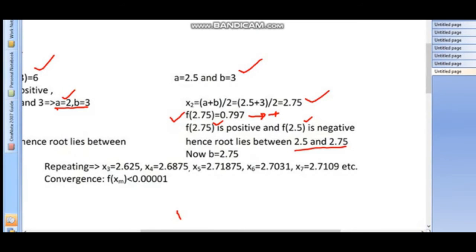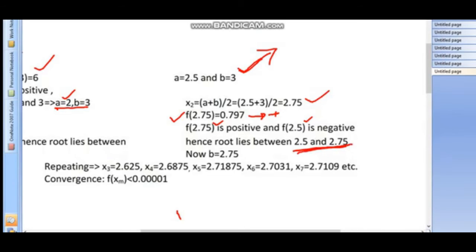Initially we had the positive value of f of 3, but now you have reduced that to 2.75, because when you calculated f of 2.75, that also gave you a positive value. So we reduce the interval to 2.75. Now the root lies between 2.5 and 2.75.